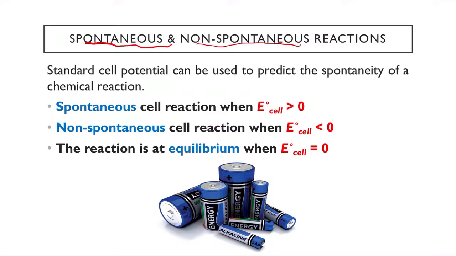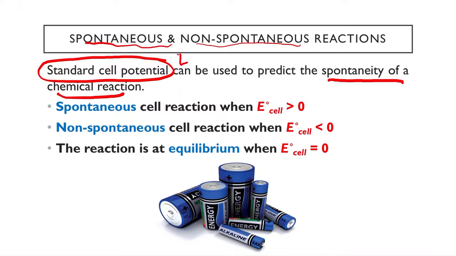The spontaneity of a chemical reaction can be predicted using the standard cell potential, that is your E naught cell. A spontaneous cell reaction is when your E naught cell is more than 0, a positive value.